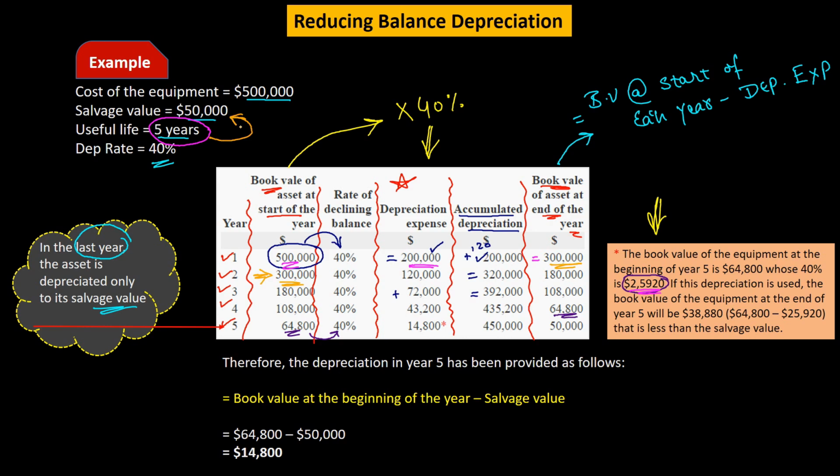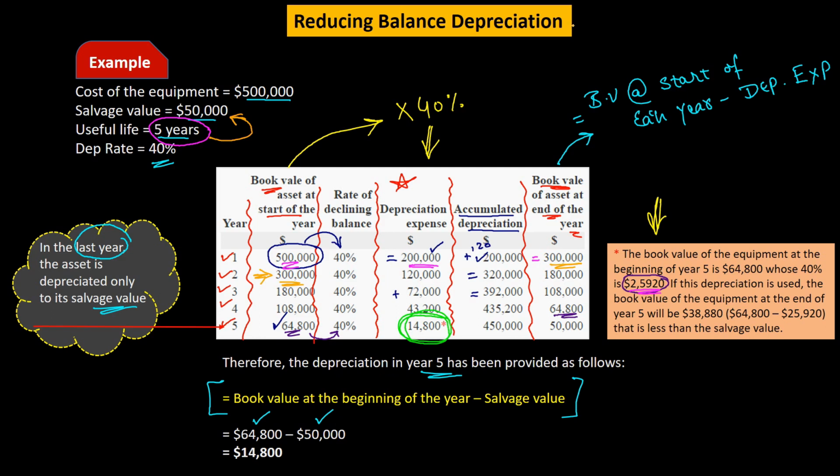That's why the depreciation of year 5 or the last year of the asset will be calculated as follows. We will use book value at the beginning of the year, which is 64800 in this case, and we will less salvage value, which is 50,000 in this case. So that's how we are calculating depreciation for our final year.